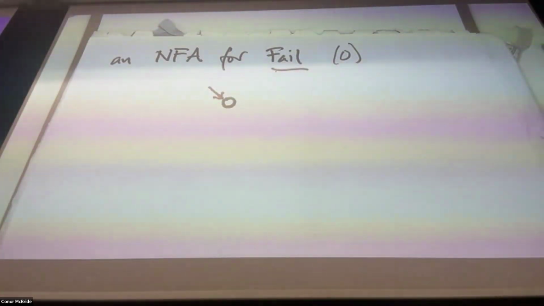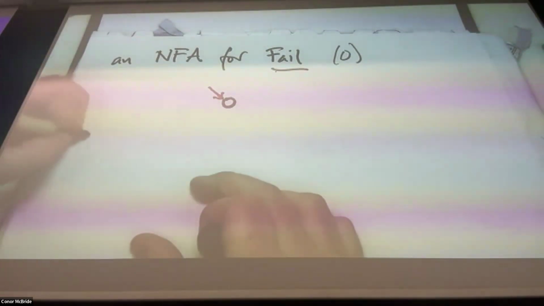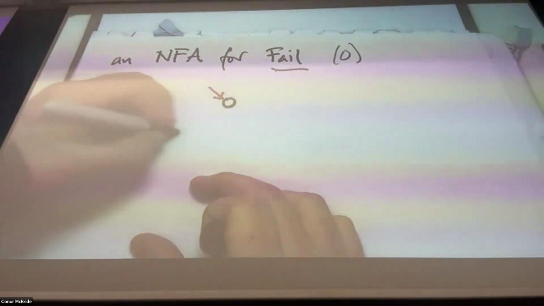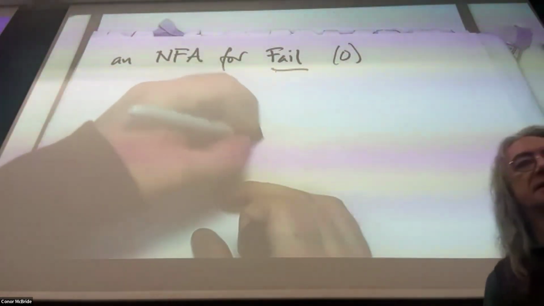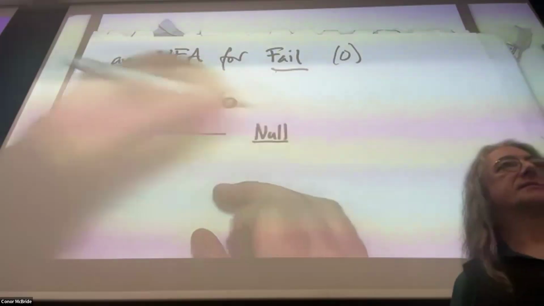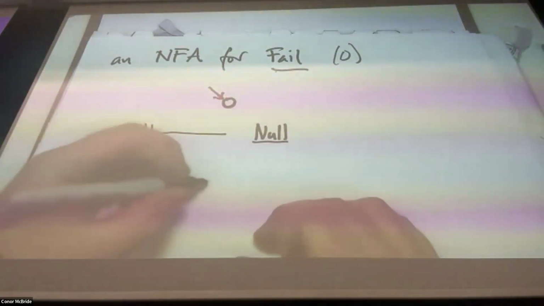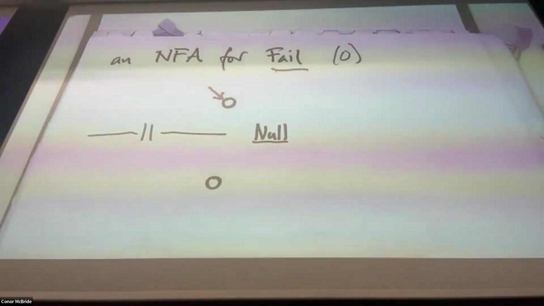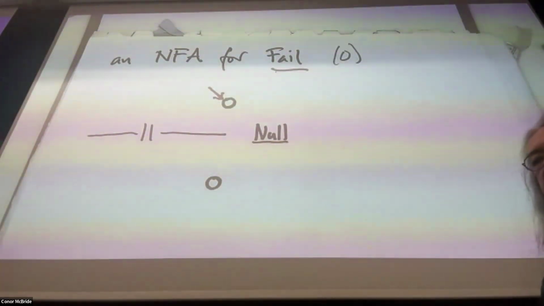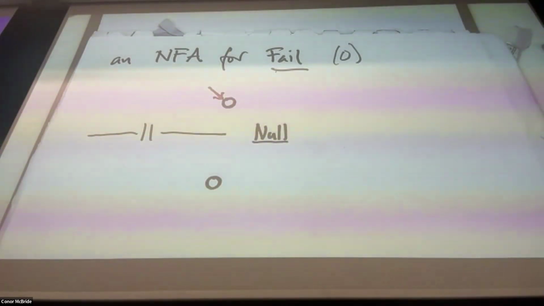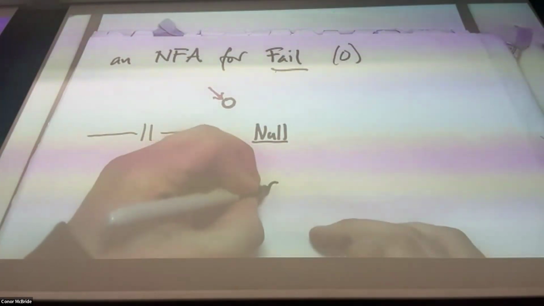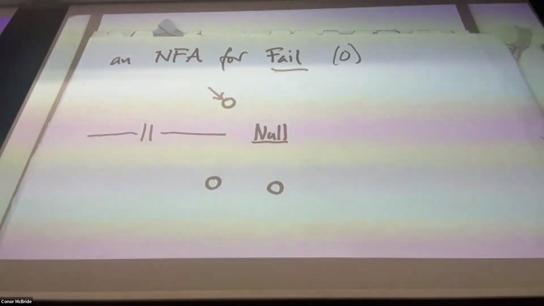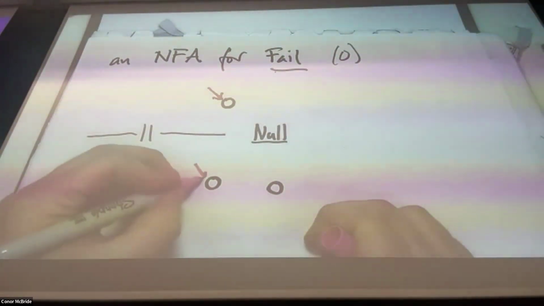Okay, let's do an NFA for null. Right. Okay, so this should be the thing that accepts exactly the empty string, right? So I'm going to have two states, and the start state.